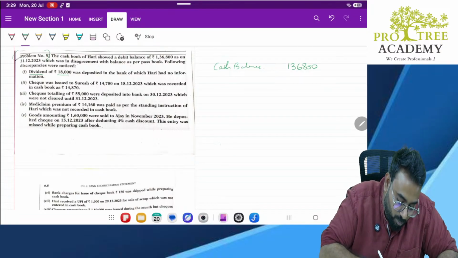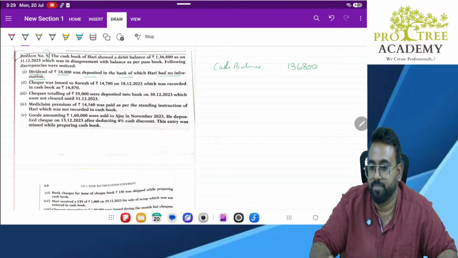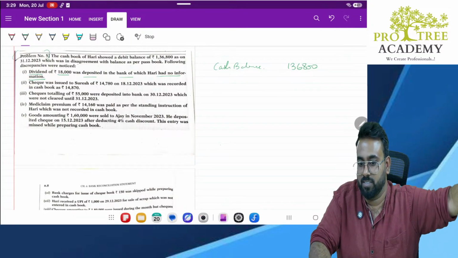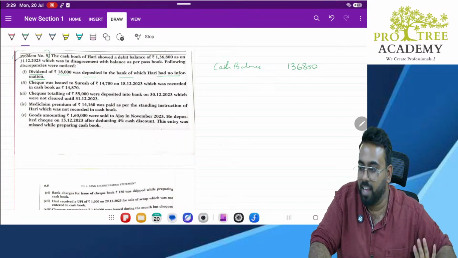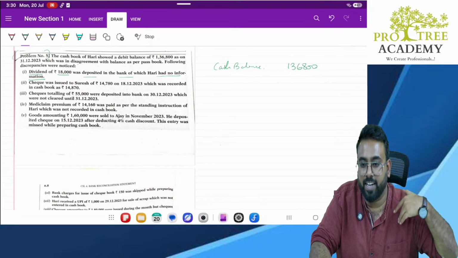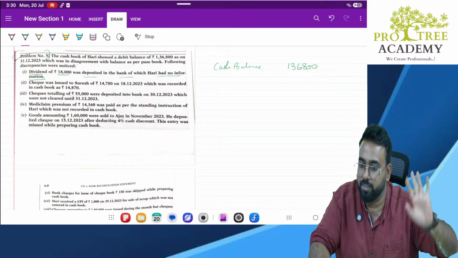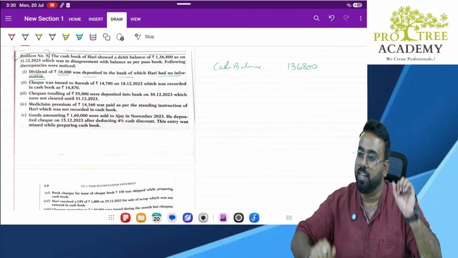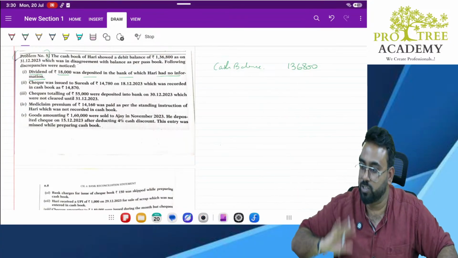Dividend of 18,000 was deposited in the bank, of which Hari had no information. Now the money has come in the bank, but we haven't recorded it in the cash book. So, are we correcting cash or are we going by bank? We started from cash balance. Now we have to match it to bank balance. Whatever has been recorded in the bank, we should also record.